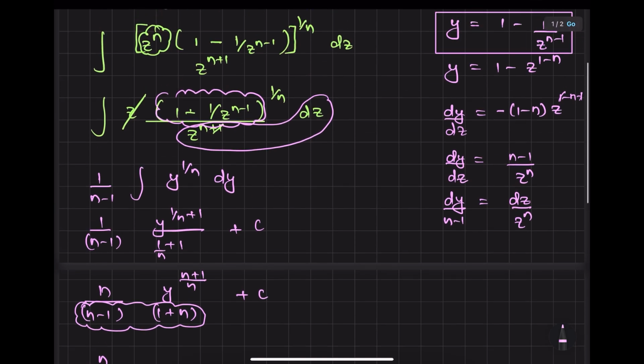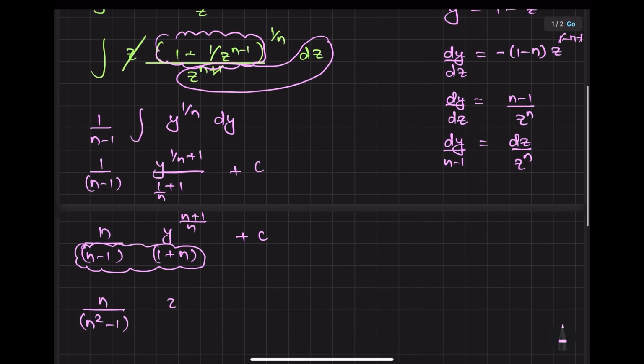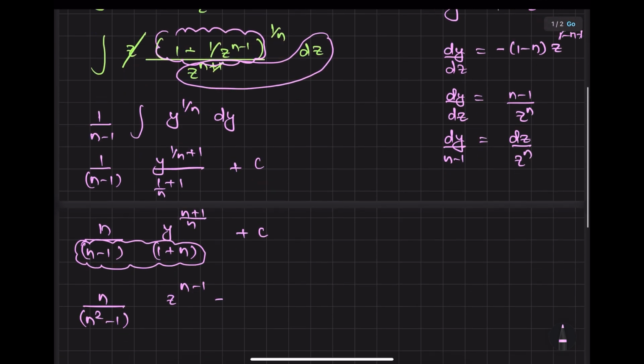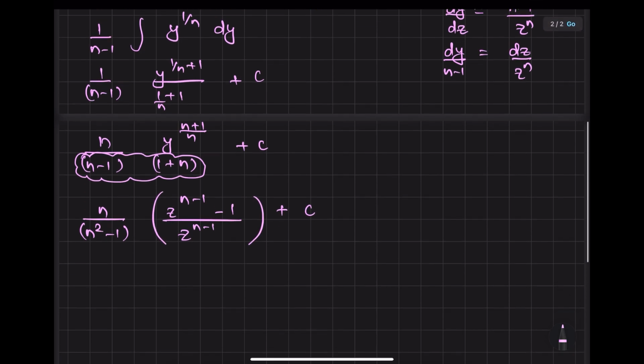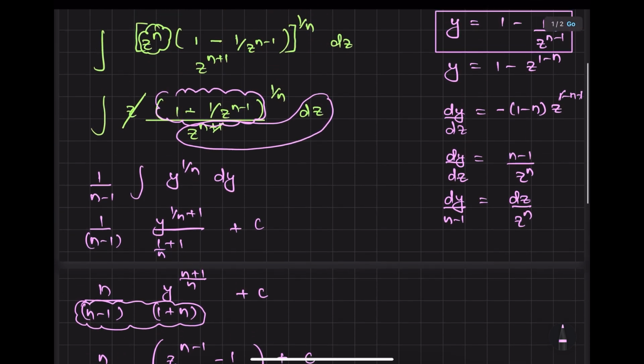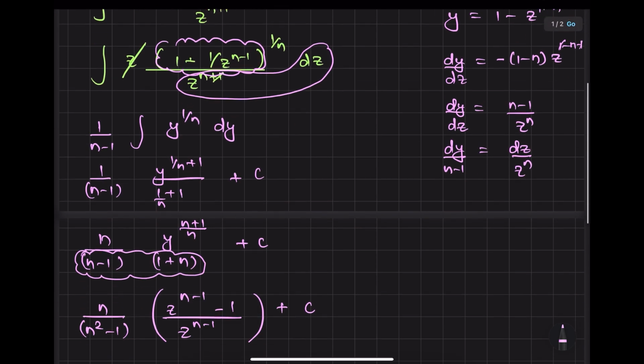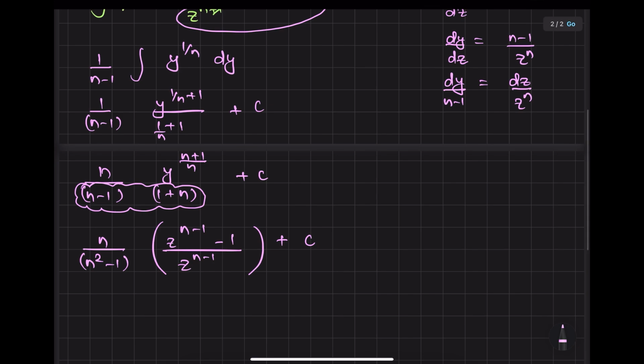So write down your y. So y is (z^(n-1) minus 1) upon z^(n-1). So this thing we have replaced with respect to z, but still we have to do one more replacement because the question is in terms of theta, so the answer should be in theta as well. So who is z? z is sine theta. So now apply the replacements.